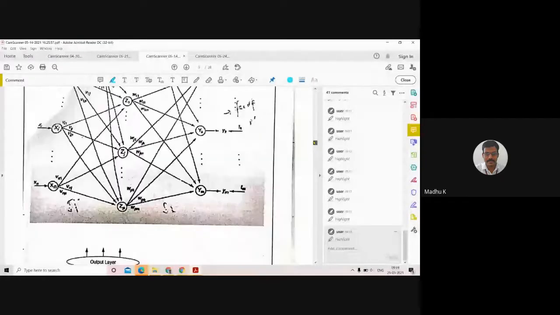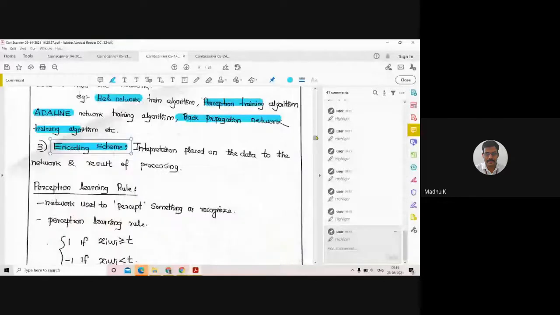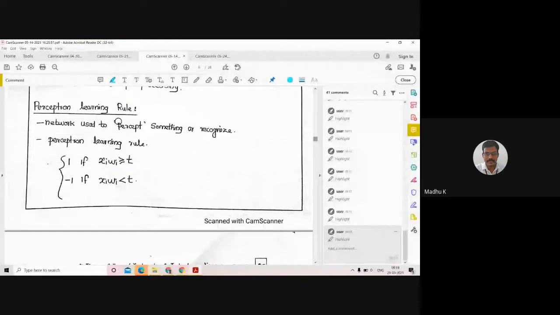Perceptron learning rule is there. What is the perceptron learning rule? Perceptron training rule is there. Perceptron rule we studied in the previous semester, so please refer to that topic: what is a perceptron and what is the perceptron learning rule.